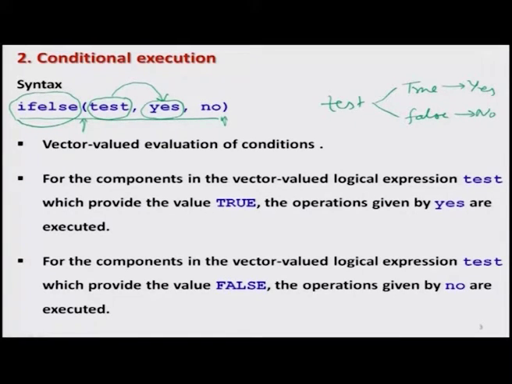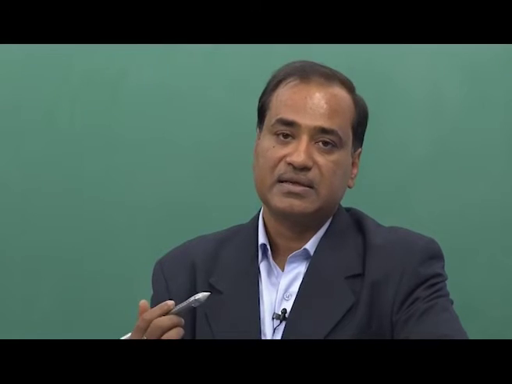Next option is that the condition which I am trying to test is false. In that case, the control goes to what I have written as no, and whatever statement I have written in place of no is executed. So you can see that under the same format, this syntax gives us an opportunity to write the condition, and based on whether the condition is correct or not, the appropriate statement is executed.